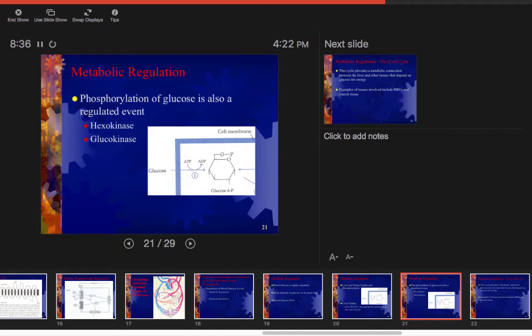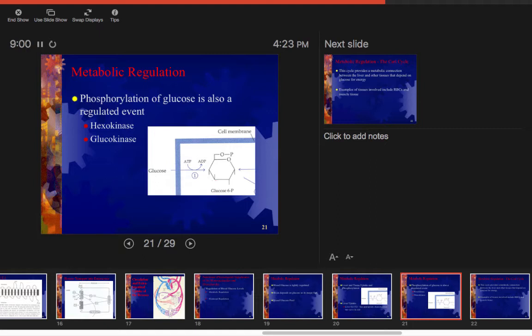Now, this guy, hexokinase, is extrahepatic. So for example, muscle cells have hexokinase. How does the glucose get into a muscle cell? GLUT4.